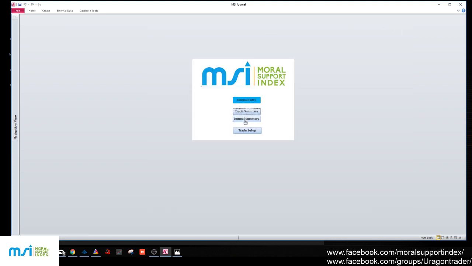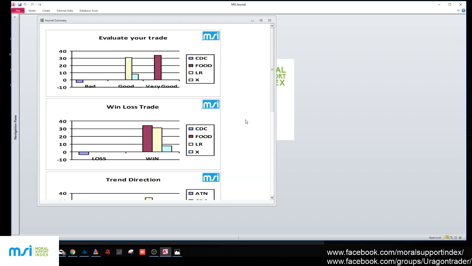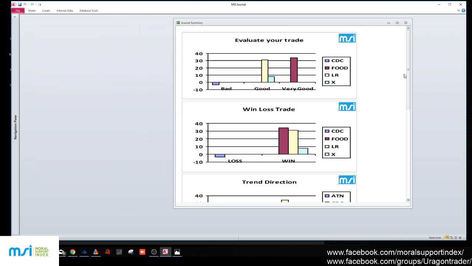Okay, so another thing we have here is the journal summary. So with the help of the journal summary, you can evaluate your trades better. For example, dito, out of 4 trades na ginawa natin, we have CDC here, which was a bad trade, and it went to negative 3.44 as we can remember. So nakita nyo yung bar graph is pointing downwards to the negative 10 level.